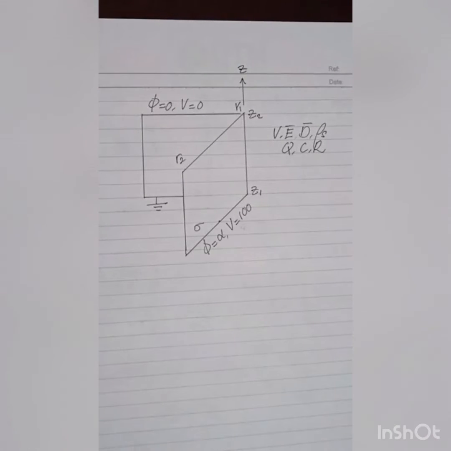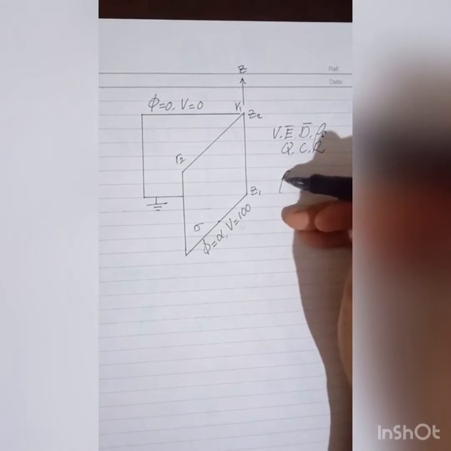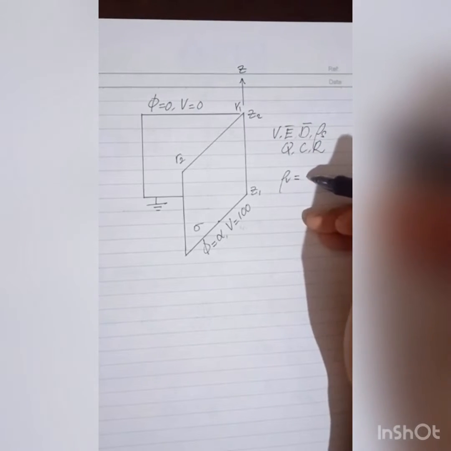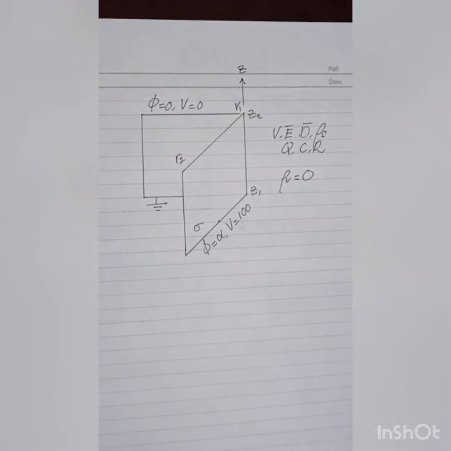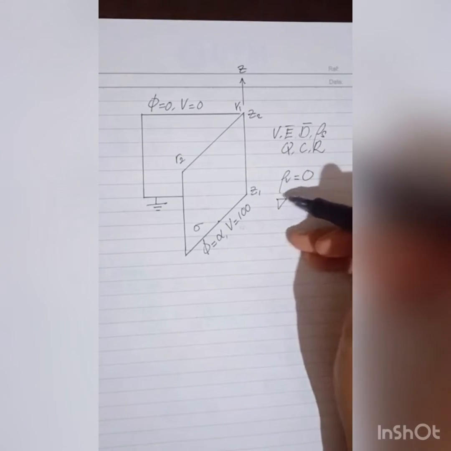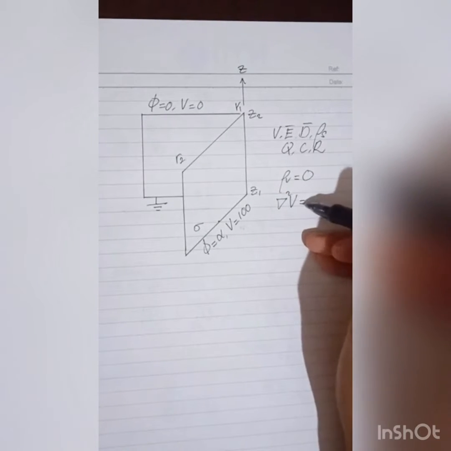Since we are not given any information regarding the charge density, we can simply assume this is a case of a free charge medium, whereby there is no volume charge. So we can use the Laplace equation, del squared V is equal to 0.